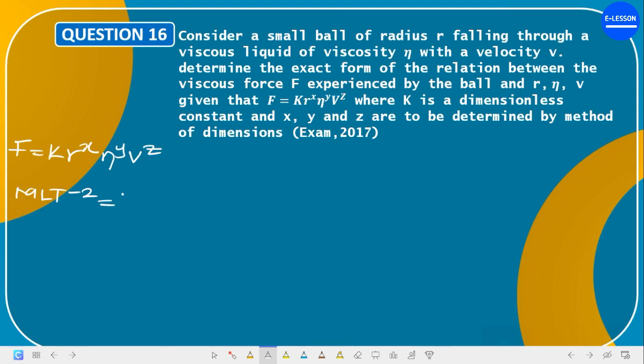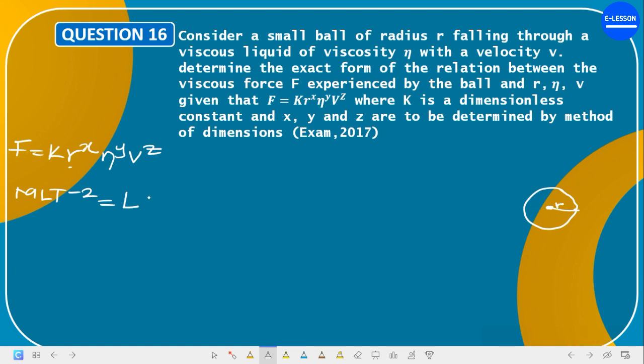This will be equal to, now we can remove k. What is the dimension for radius? Radius is length. Like I told you, the radius is the distance from the center of a circle to the circumference.